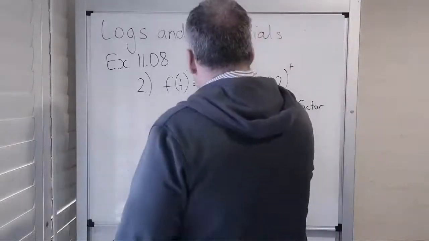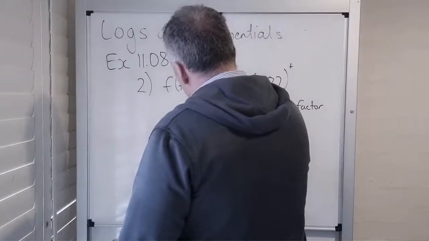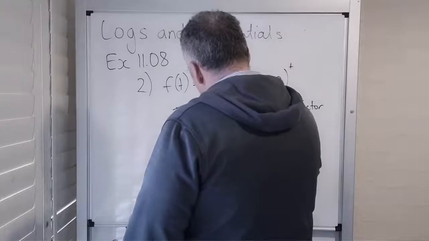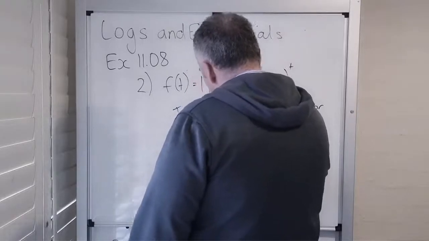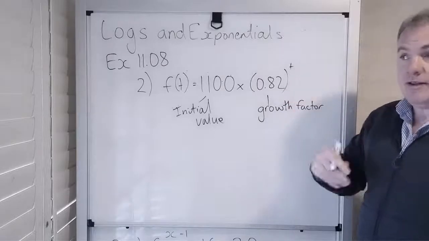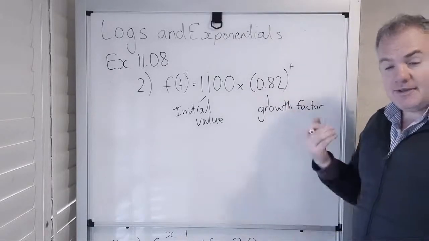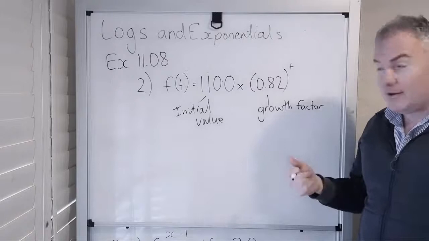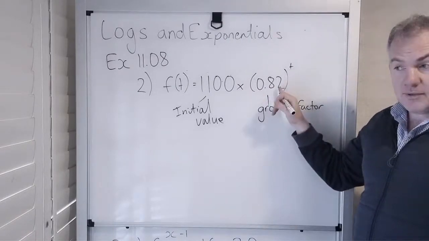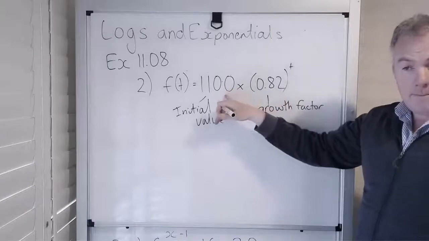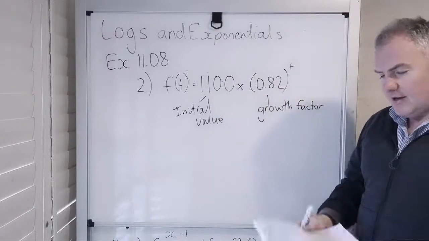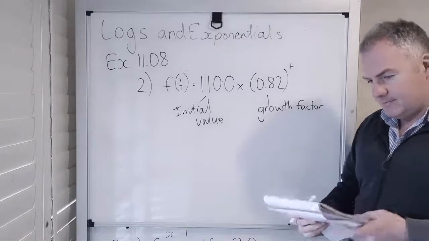Your initial value is this one. Because when t is 0 at the start, the initial part, this is 1, because anything to the 0 is 1, you're left with 1 times this. Okay, and that's how the thing works together as a package.